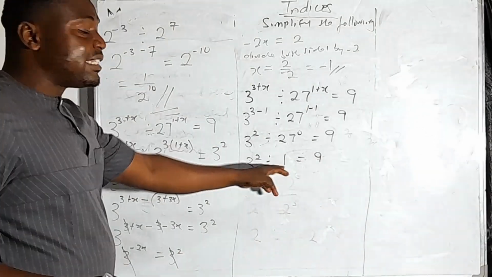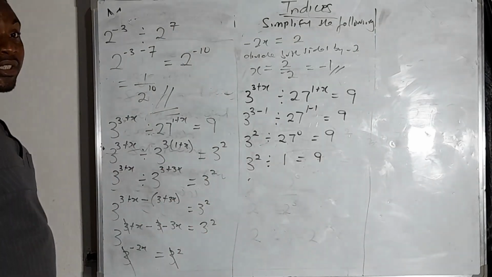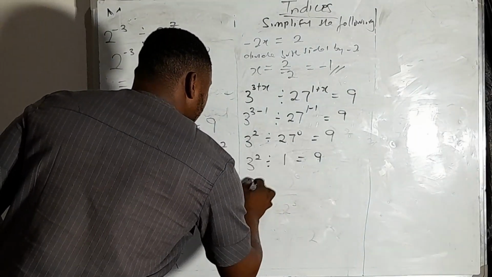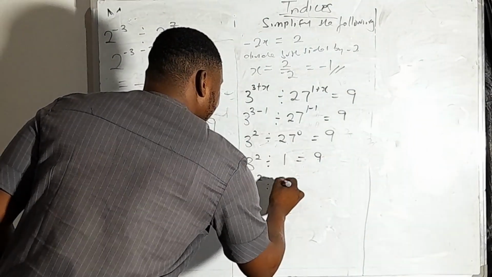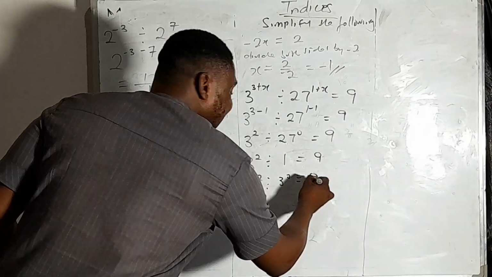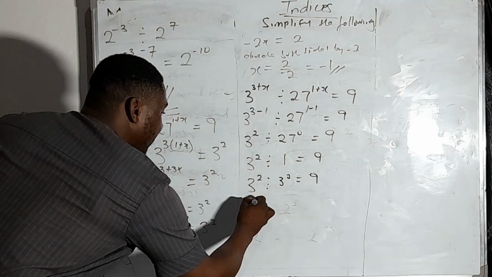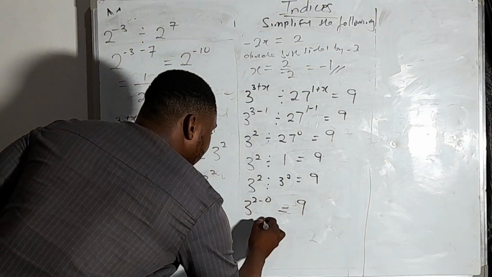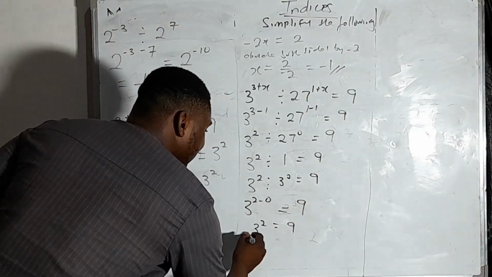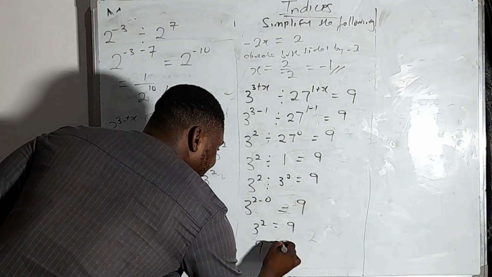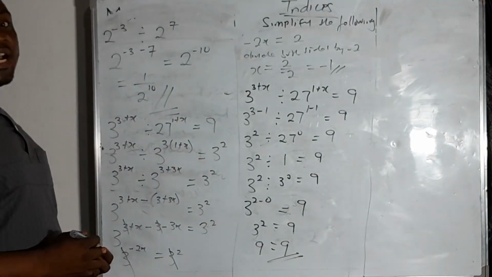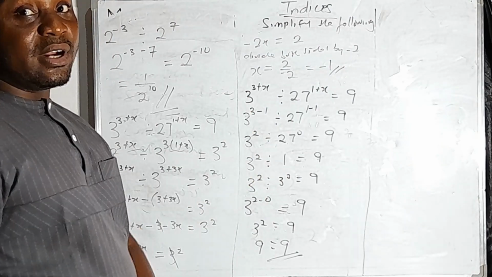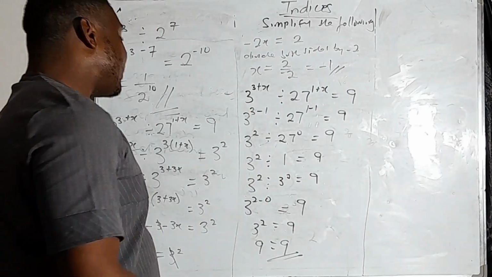And when you divide anything by 1, you are still going to have the same thing. So it's the same thing as when you said you have 3 raised to the power 2 divided by 3 raised to the power 0 equals 9. And that gives you 3 raised to the power 2 minus 0 equals 9. 3 raised to the power 2 is the same thing as 9. And 9 is equal to 9. So that shows all the answer we have is correct.